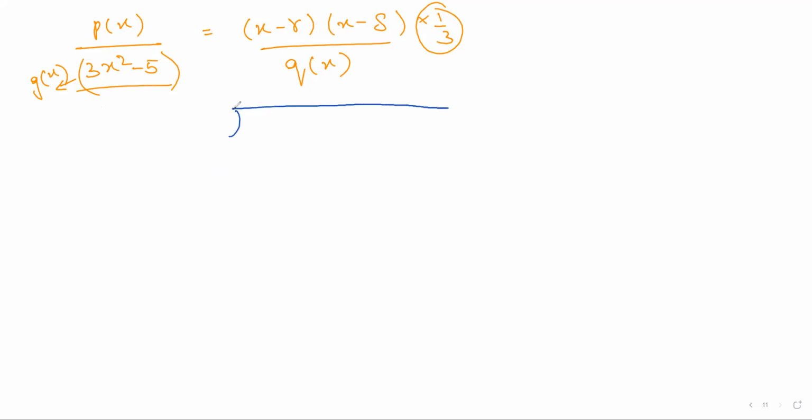Your p of x is written over here. Given p of x is 3x to the power 4 plus 6x cubed minus 2x squared minus 10x minus 5. Powers 4, 3, 2, 1, 0. All powers are mentioned, all terms are mentioned. Divisor 3x squared minus 5. Dividing 3x to the power 4 divided by 3x squared. 3 got cancelled.